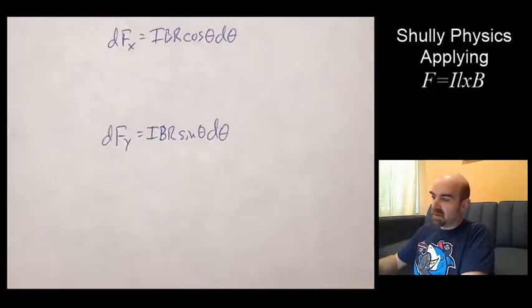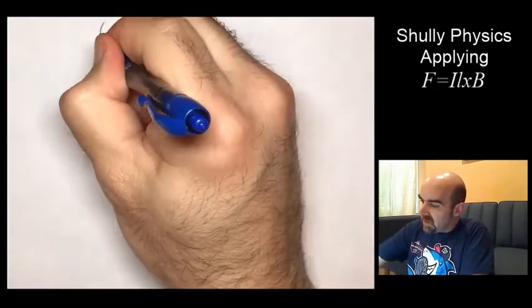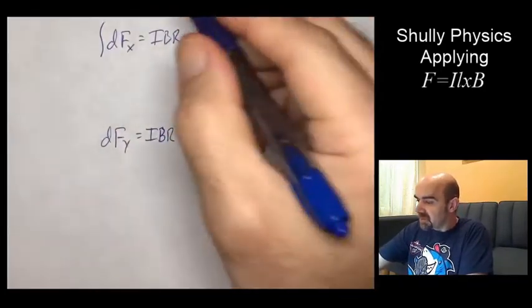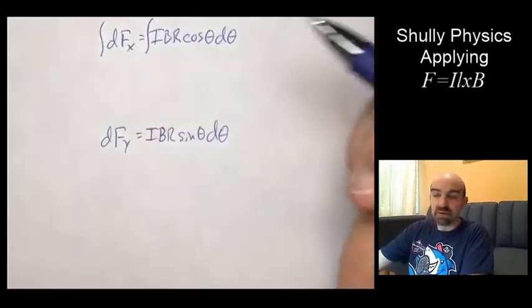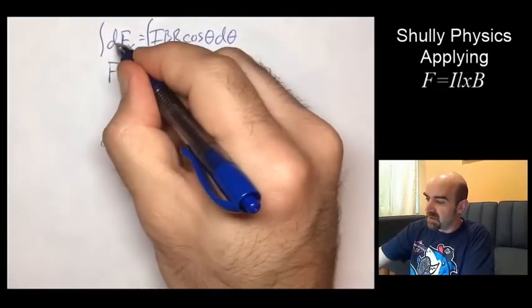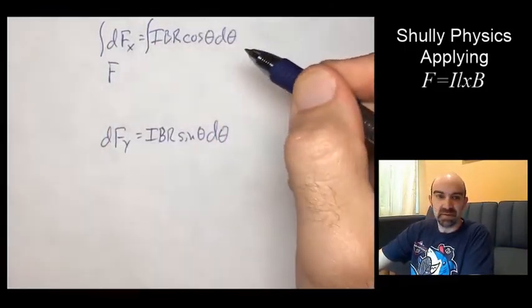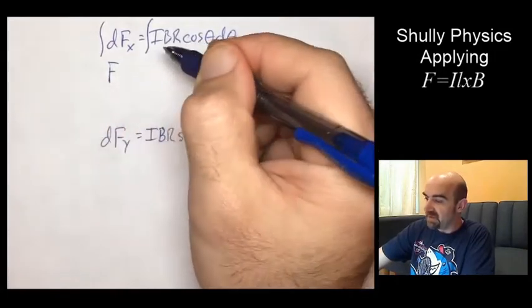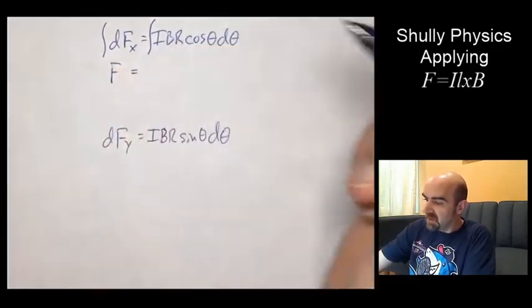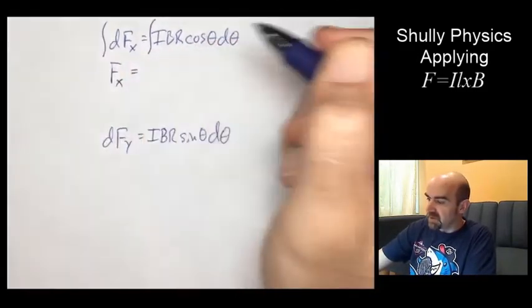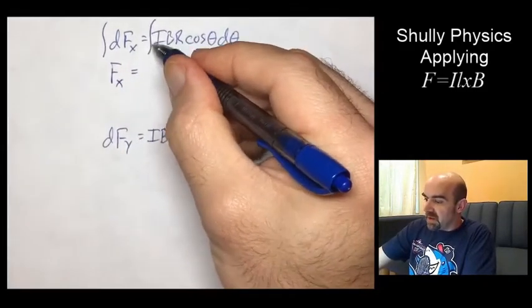Okay. So now we're ready to integrate. We're summing up all the force. So this will be the sum of all the little pieces of F is F, and this will be in the x direction. There we go. Now there are upper and lower bounds here.